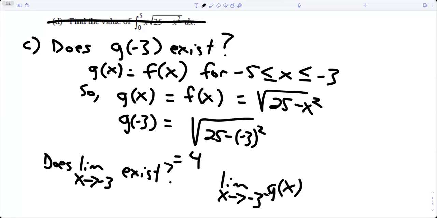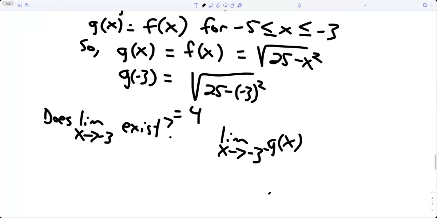What is the value of the limit as it approaches from the left-hand side? Well, I just found it, right? It's 4. It has to be 4, right? Because how's the function defined on the left-hand side? It's defined as f of x. And what's f of x? Square root of 25 minus x squared. Okay, so this is going to be the square root of 25 minus -3 squared, which is 4.